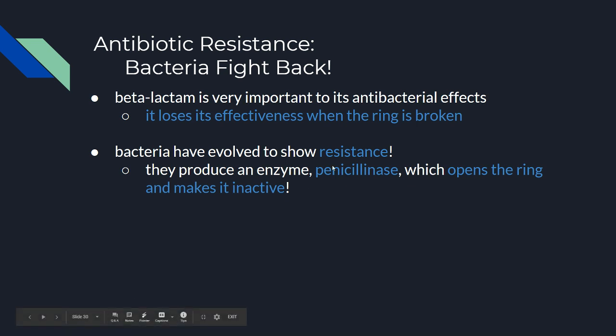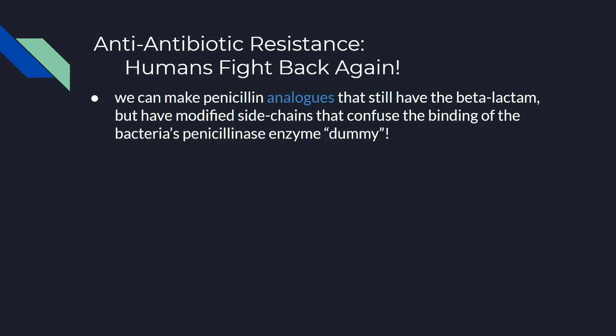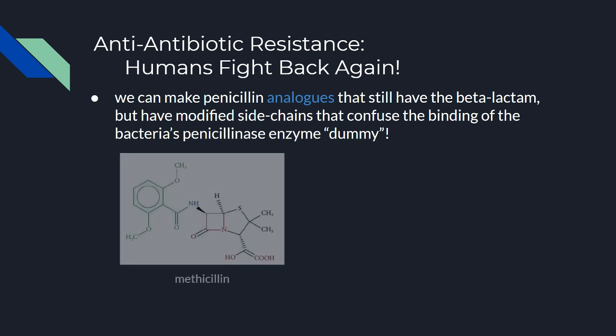Because again, we're the humans. We want to make sure that we are safe. So this is kind of my dramatic finish. The antibiotic resistance. Humans fight back once again. We can make penicillin analogs. Remember, these are changes that still have that beta-lactam, but we've modified them to confuse the binding of that dummy enzyme.